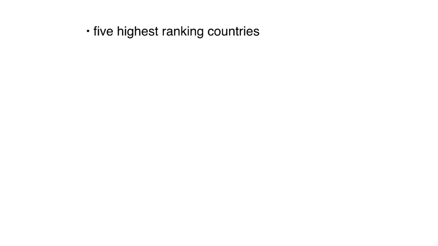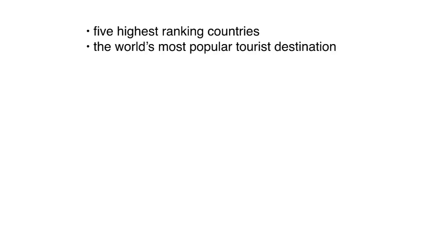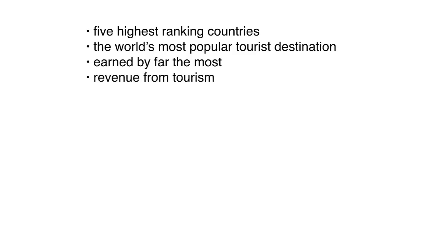So that's a good phrase to use. I also wrote the world's most popular tourist destination. Earned by far the most. I often use this phrase, by far the highest, by far the most. Revenue from tourism. So this, instead of saying spending, I've used revenue. That's the income from tourism.